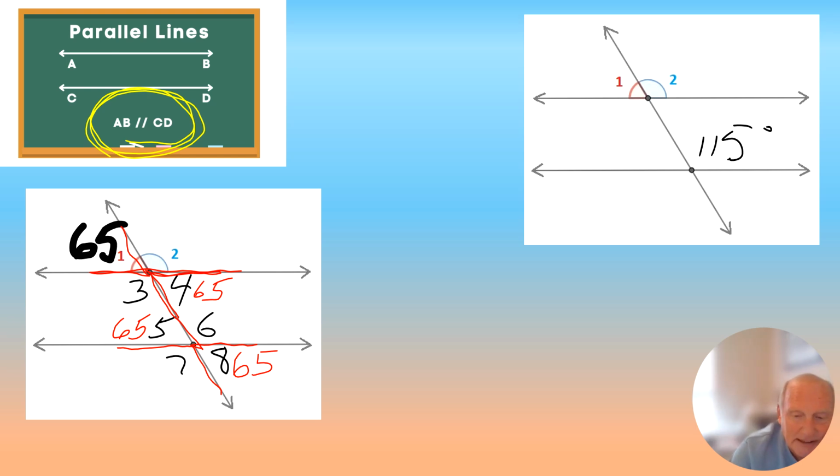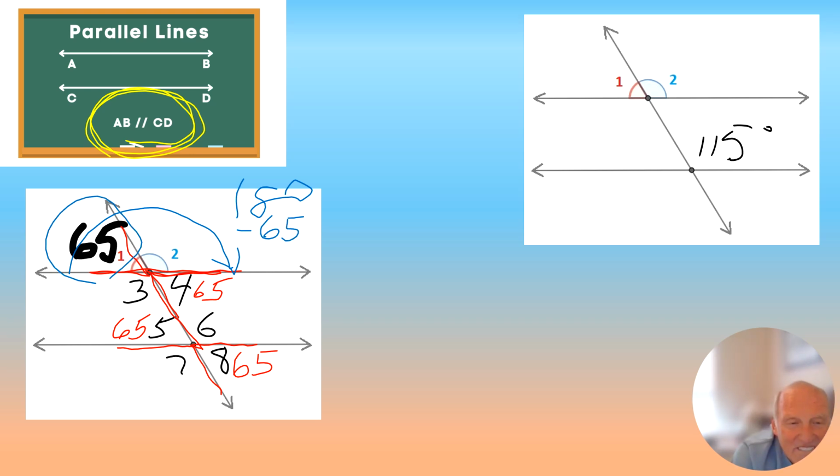Let's say that we've got now 180 degrees in this straight line right there. So 180 in the straight line, subtract the 65 that we have right here. And that's going to leave 115 degrees for number 2.